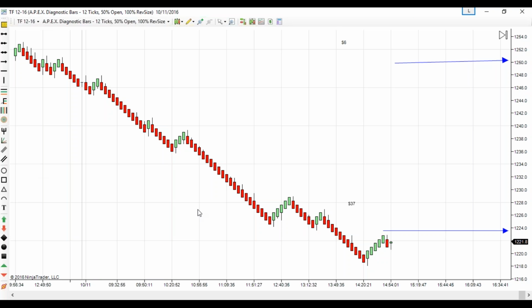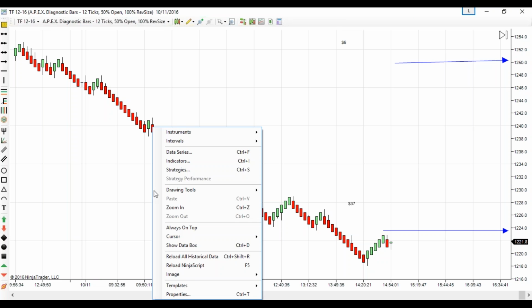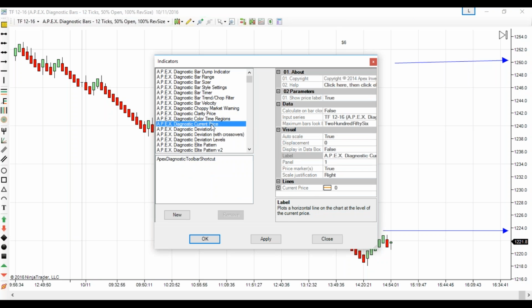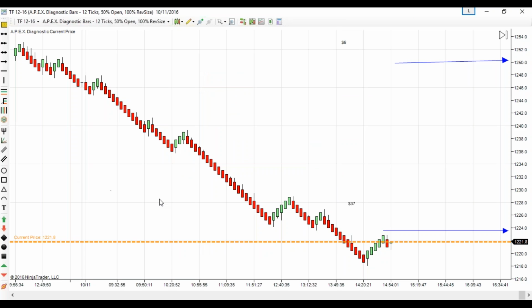And where is the market at right now? The market is currently right here, okay? So I want everybody to keep that in mind, all right? And we're going to come back to this in just a few minutes and piece it all together, okay?